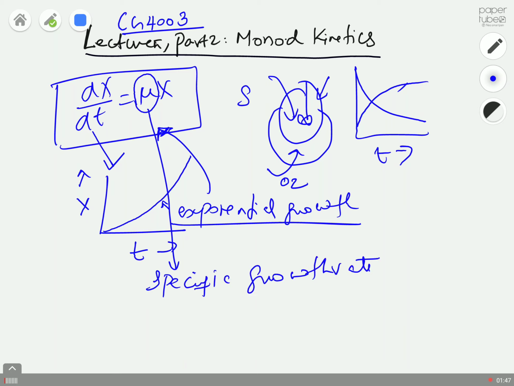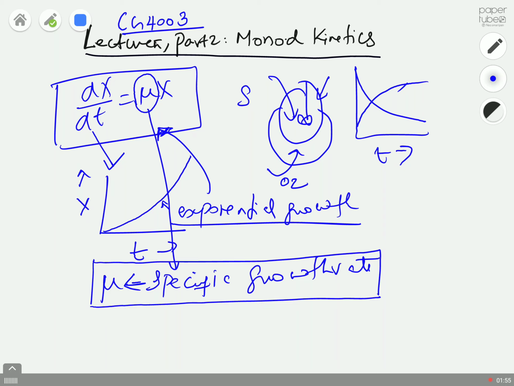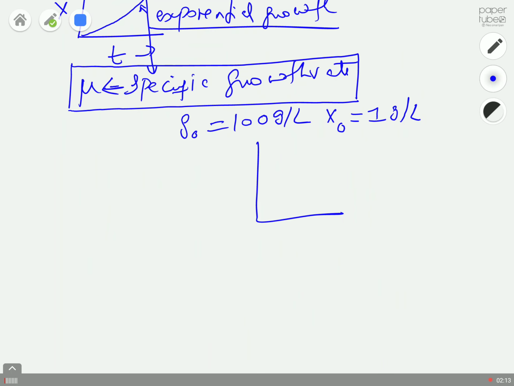So what this parameter says is how your microorganisms are growing at one particular experimental condition. Say you start your experiment from a substrate concentration of 100 grams per liter, with an inoculum concentration of say 1 gram per liter, and you perform the experiment and monitor how your microorganisms are growing with respect to time.